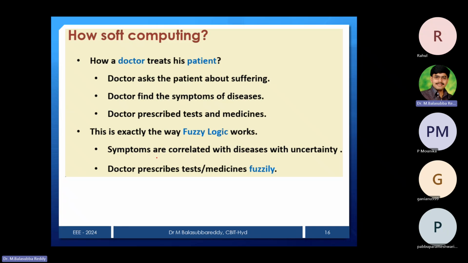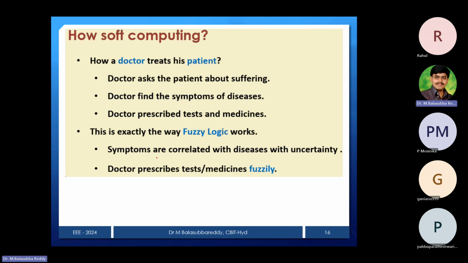Based on the symptoms, the doctor decides whether to go for another medication like tests, or, after observing the disease, write medicines directly. This is exactly the way fuzzy logic works.